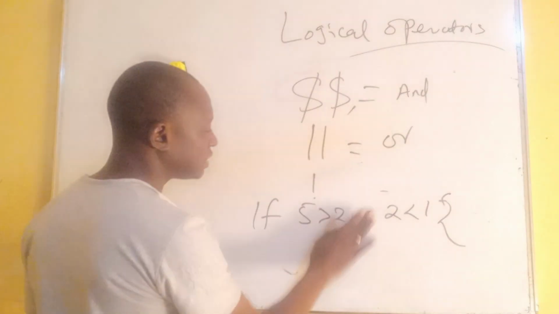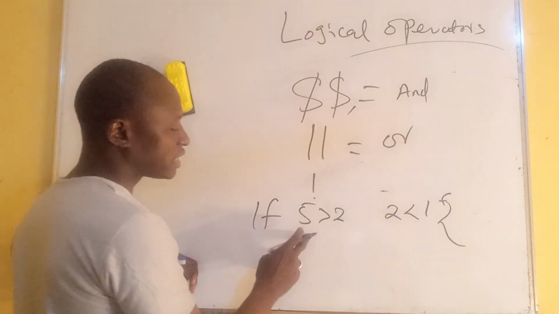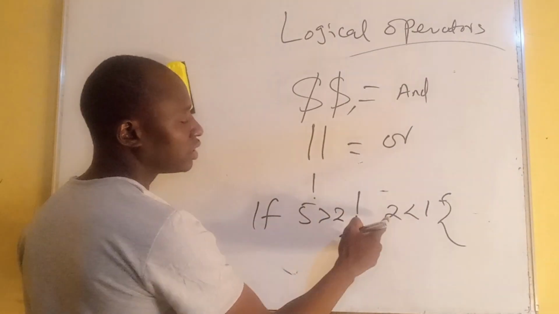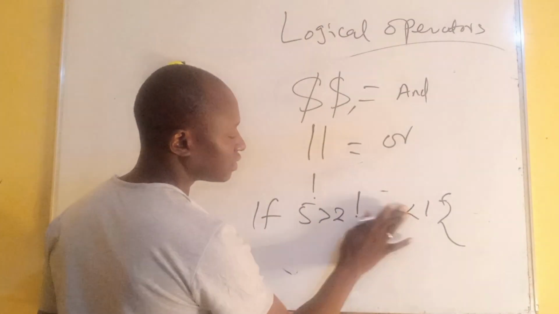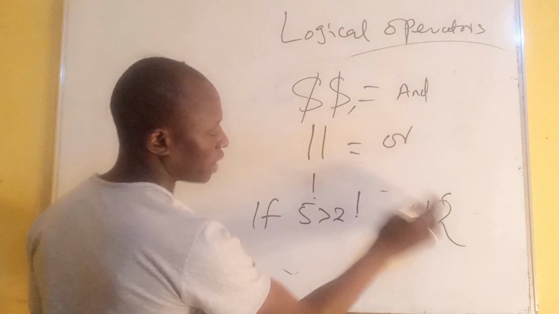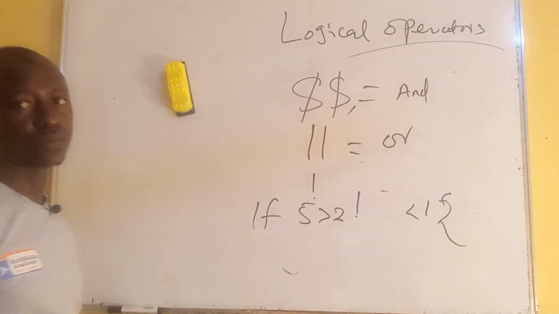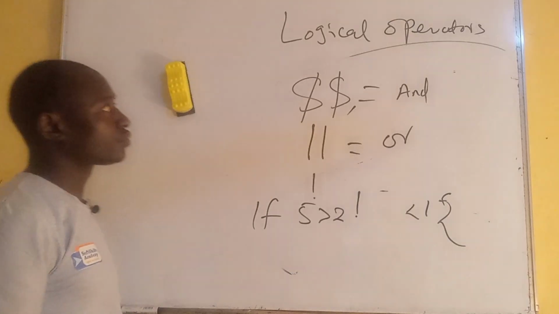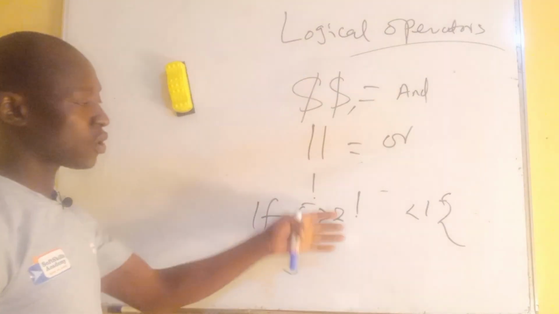Or you are saying if 5 is greater than 2, not less than 1, some statement will follow. So that's how we will use these logical operations or logical operators.